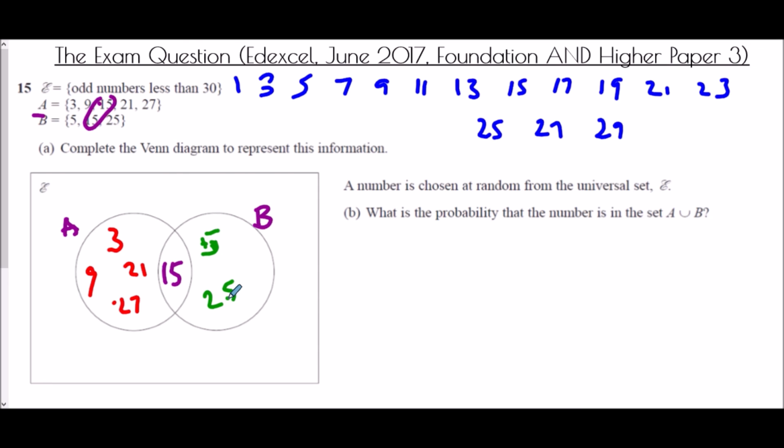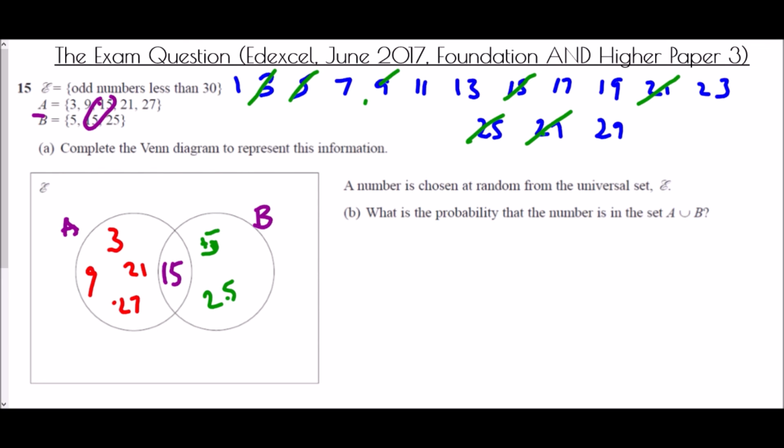This is where the list that we made at the start comes in handy, because if I have a look through, I could say that I've used 3, 5, 9, I've used 15, I've used 21, I've used 25, I've used 27. So everything else in the list must be on the outside of my diagram.